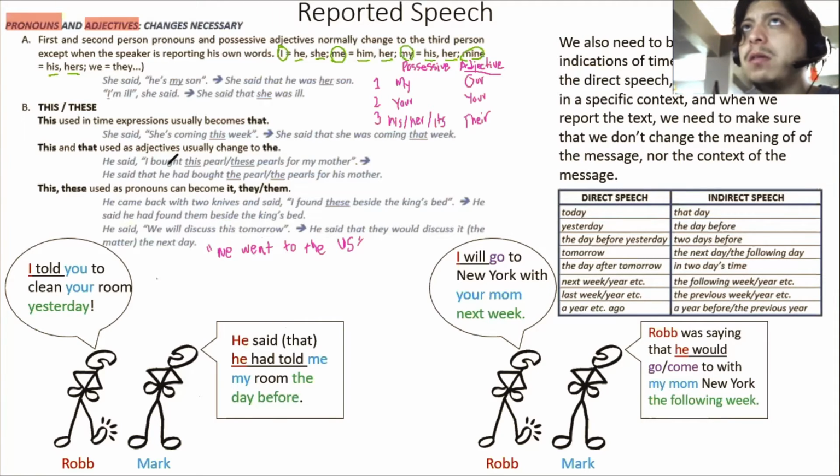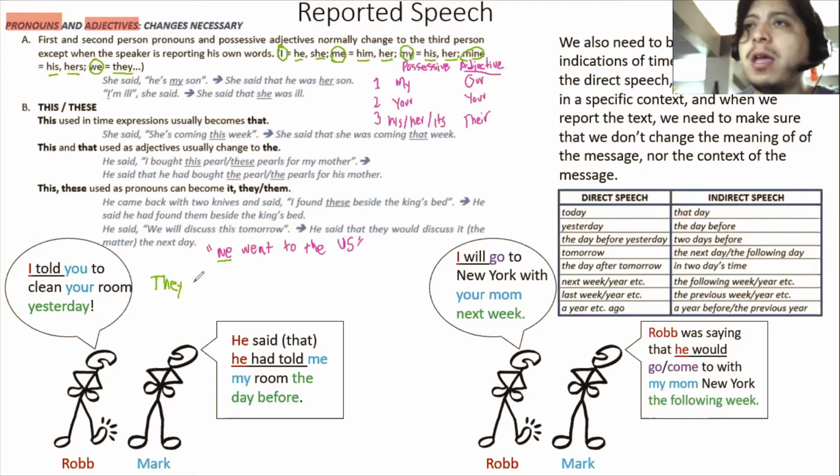Instead of we, we change it to they. Because I am not a part of we. We is plural, so we is 2, 3, 4 people, but it's not me. If it was me, I could say this. This is direct speech, we. But because this doesn't include me, I say they. They is another group of people to which I don't belong.